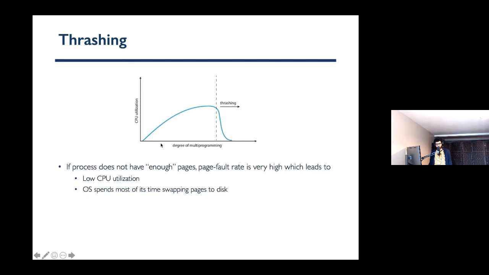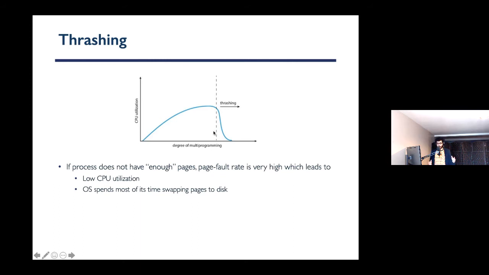As you increase the number of programs, your CPU utilization grows and improves until a certain point. From there, you get this deep degradation in CPU utilization. And this, you can observe it in almost all systems. And the reason for observing such a behavior is precisely because of memory.